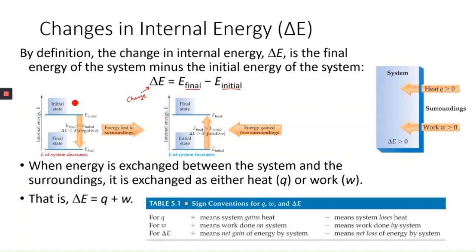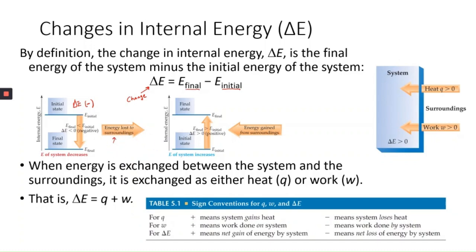So if you look at the first example over here, my initial energy is higher than my final energy. So when I do final minus initial, I am going to get a delta E that is negative because I ended at a lower energy than I started. And where did that energy go? It was lost to the surroundings. So it's leaving.